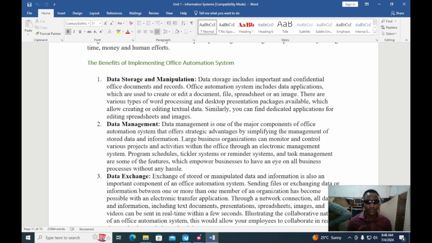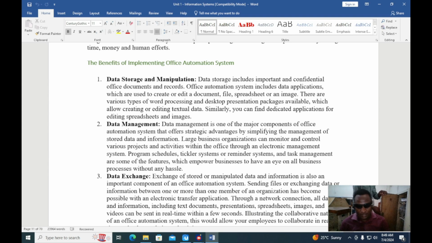So we have various types of word processing and desktop presentation packages that are available and that will allow us to create or edit textual data. You can also find other dedicated applications that are used for editing spreadsheets and images. So the essence here is that we are able to create, we are able to store data, and we are able to manipulate data.